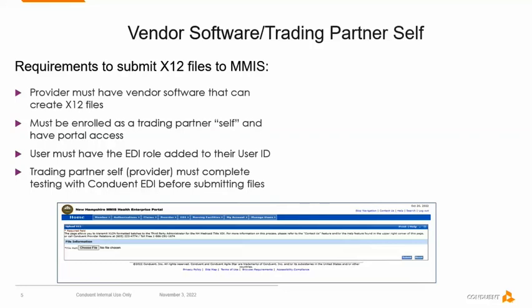The provider must be enrolled as a trading partner self and have portal access. The user must have the EDI role added to their user ID. And the trading partner must complete testing with our EDI team before submitting files as well.